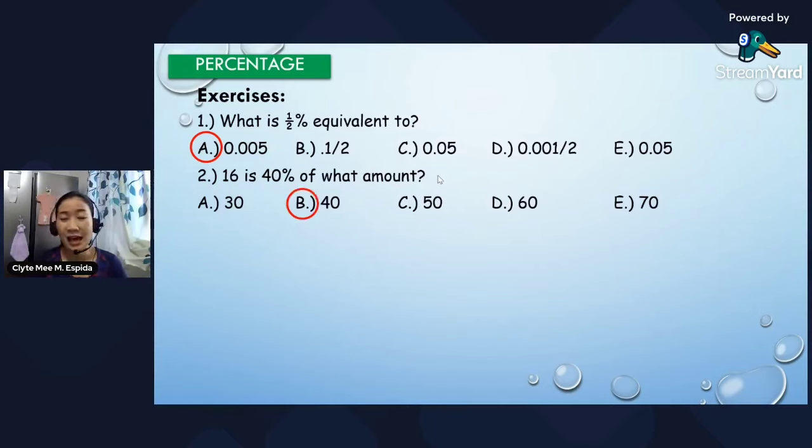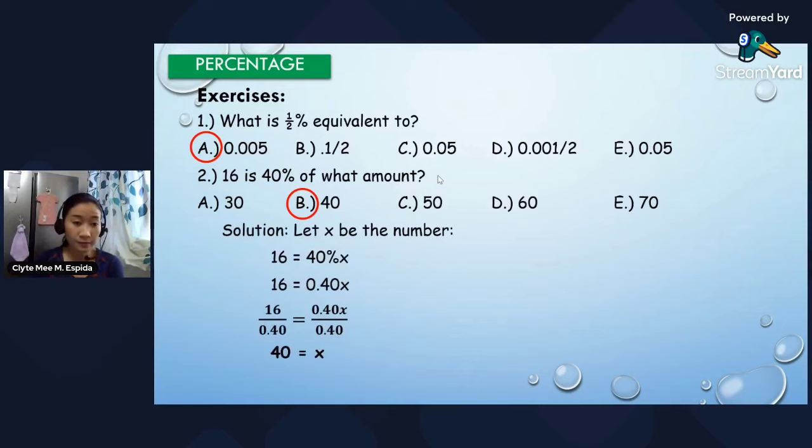Okay, let's have the solution. So let X be the number. So, pag sinabing what, that would be our X, kasi yun yung hinahanap natin. So when we write it from these words to a mathematical expression, we have 16 is, that is equivalent to equal, 40% of, this multiplication, what is X?